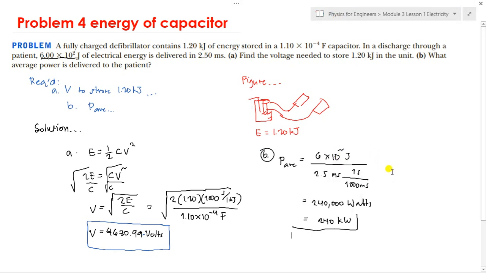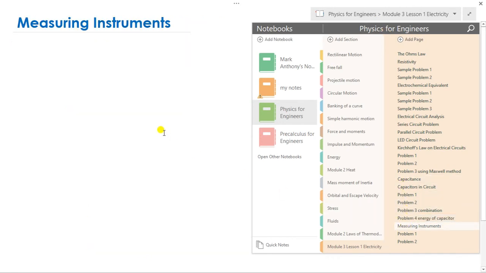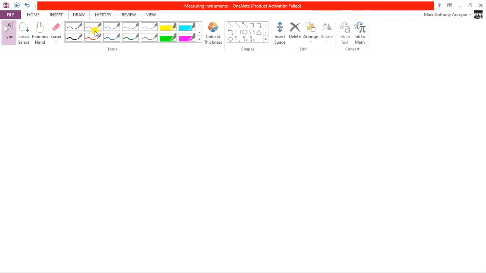Okay class, let's continue for the last topic for lesson 1. So we are now on the measuring instruments. One of the popular measuring instruments nga naa sa electrical nga side is ang kanilang gitawag nga galvanometer.